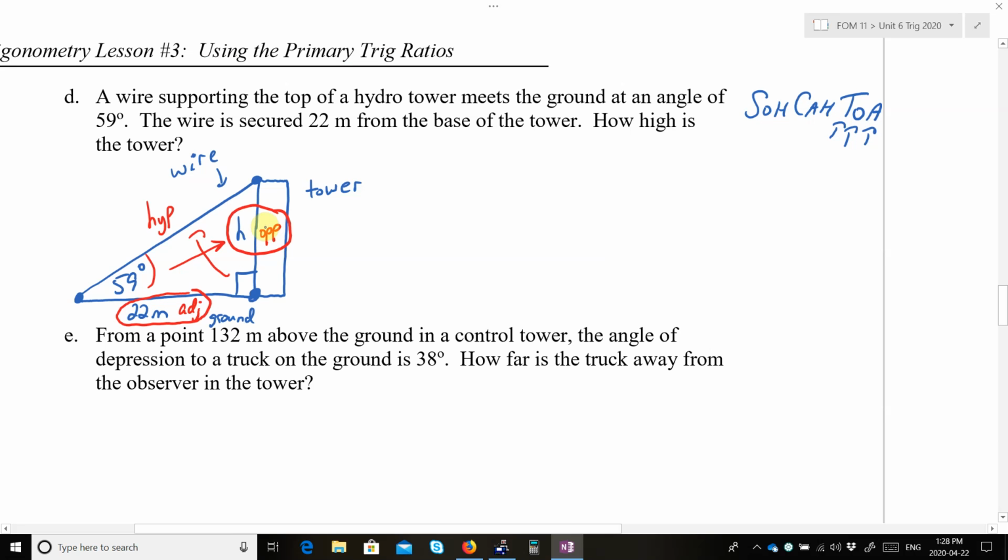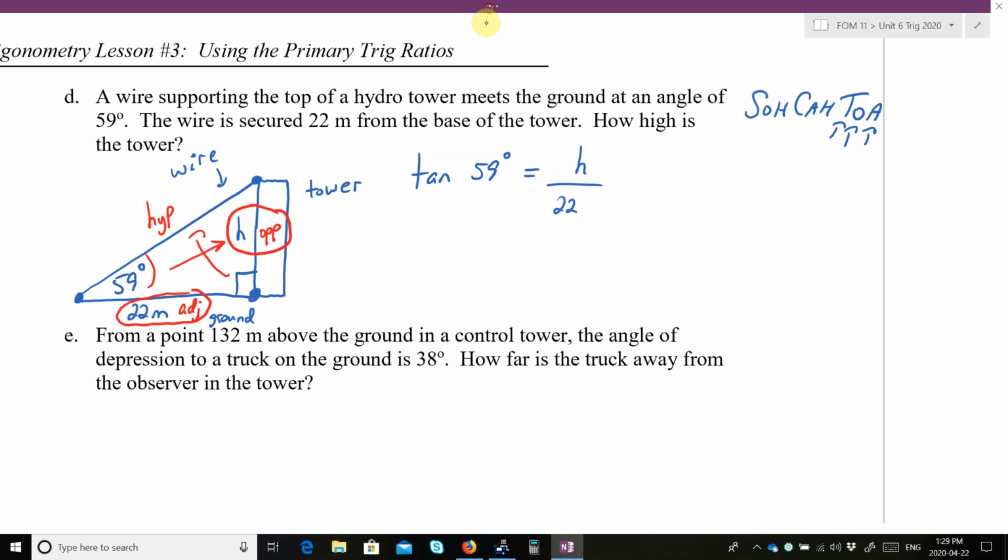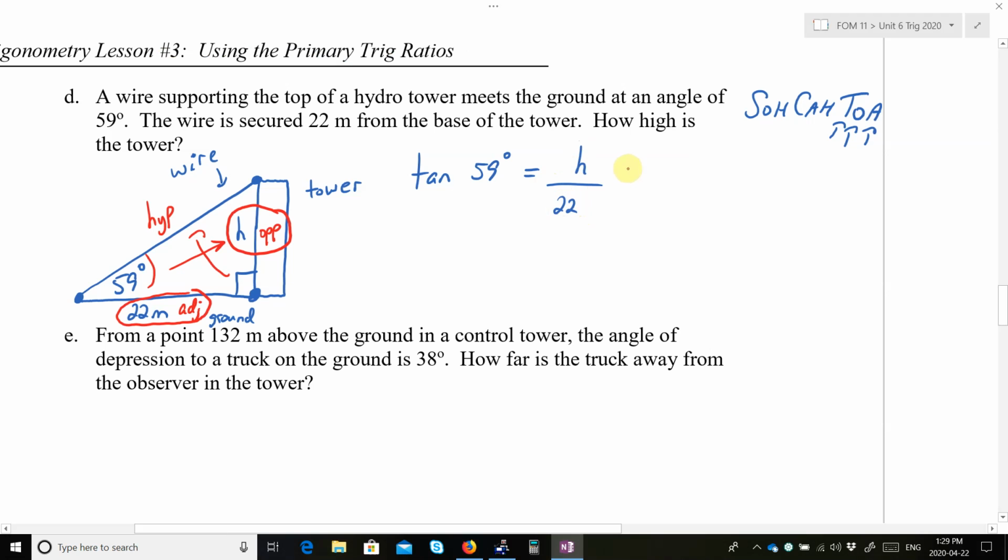And see how we're looking for the opposite side and we have the adjacent. Hypotenuse we don't know and we don't need to know. Alright, so I would go tan of 59 degrees is equal to opposite is H, adjacent is 22, and we are ready to solve.